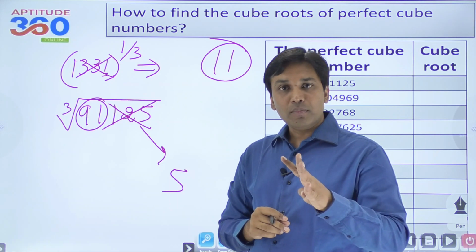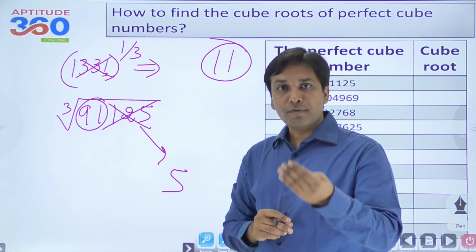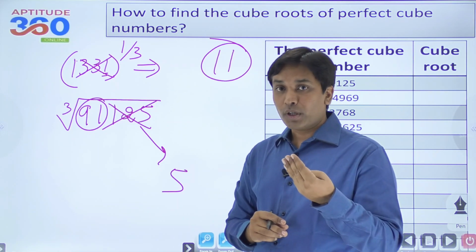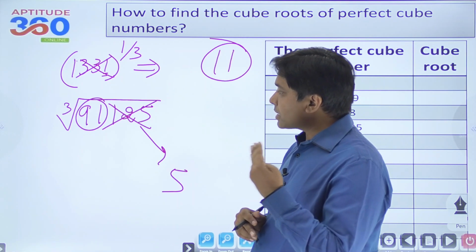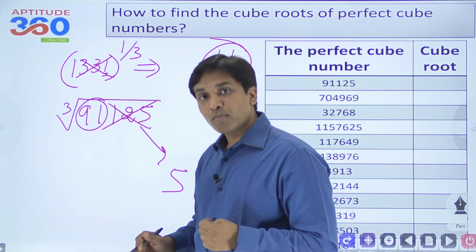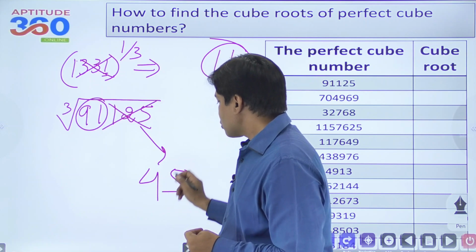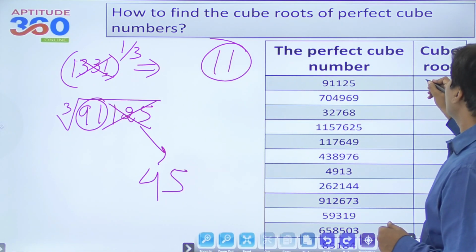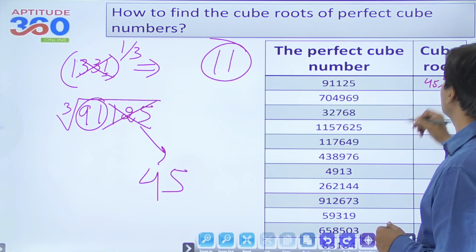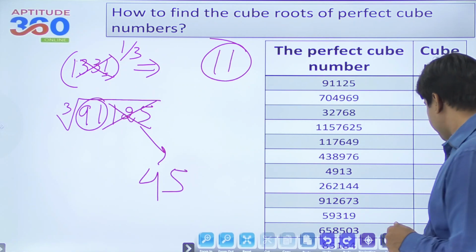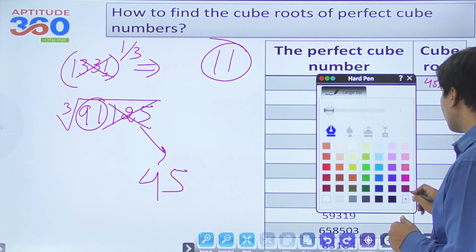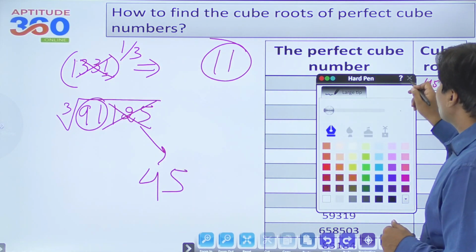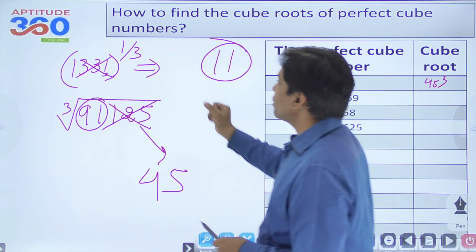You see, 4 cube is 64. 5 cube is 125. So 4 cube which is 64 is less than 91. So over here it has to be 4. So this number is 45 cube. I hope you're getting this. Now let us do one more problem so that we could take it ahead.